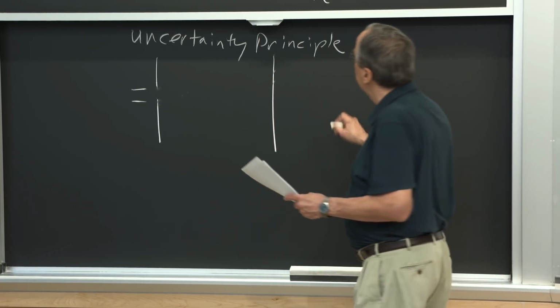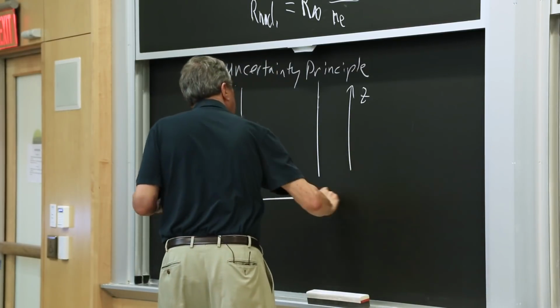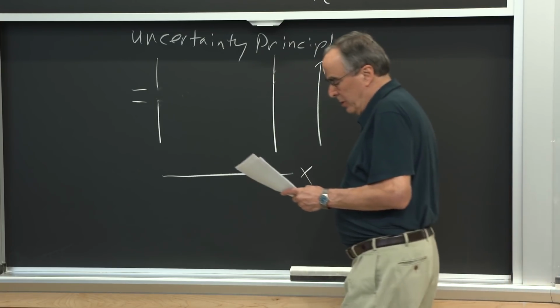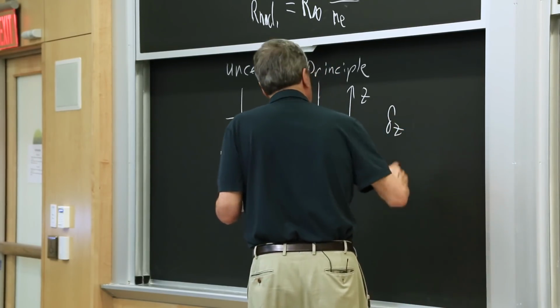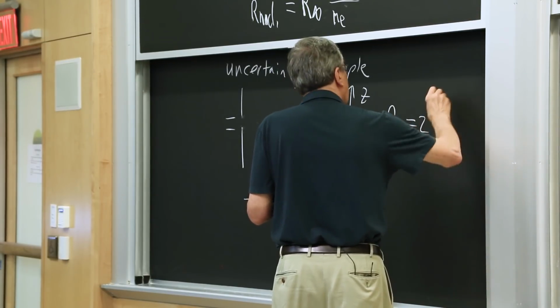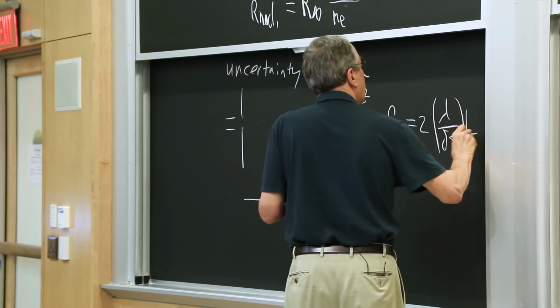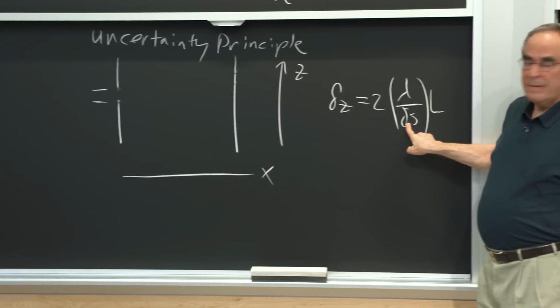And now this is the z direction, and this is the x direction. And what you end up finding is that the uncertainty in the z direction is going to be related to 2 times lambda over delta s times L. Well, delta s is the width of the slit.